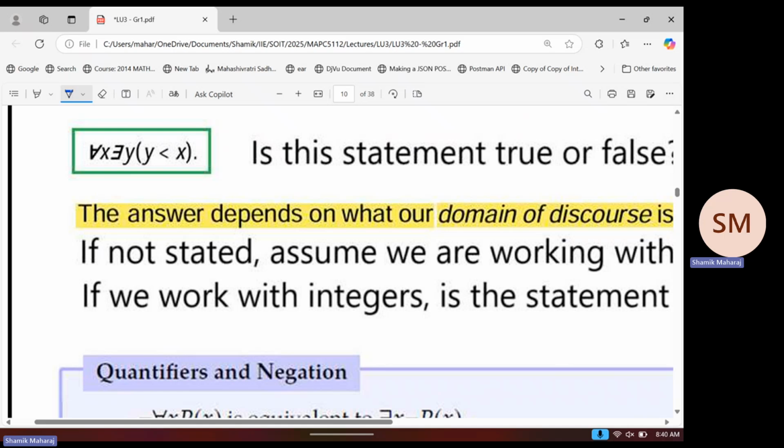If we go to 0, can you find a number less than that in whole numbers? You can't, because that ends at 0. So again, it depends on the domain. If you're talking about whole numbers, this is false. If you're talking about integers, then this is true. In integers, you can always find a number less than the one you're looking at.